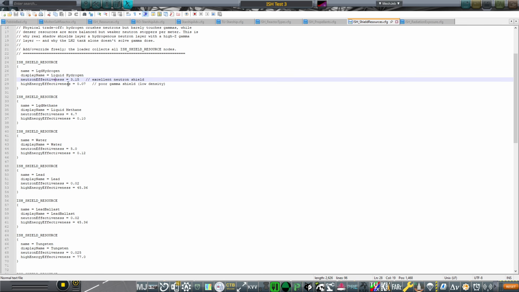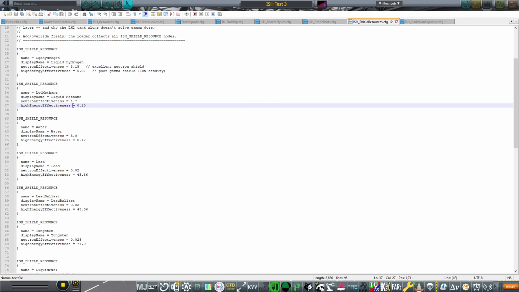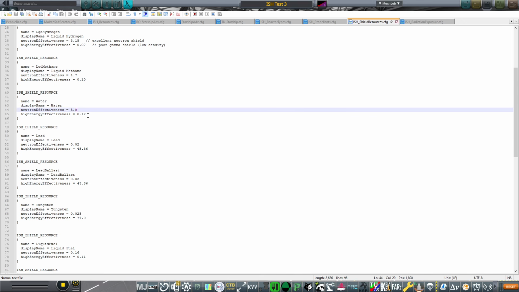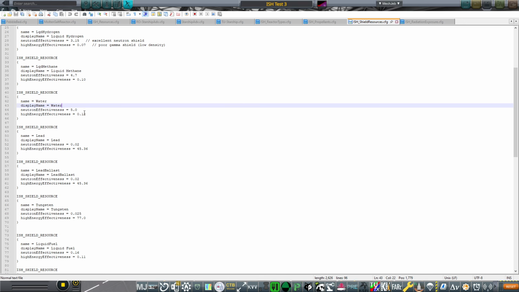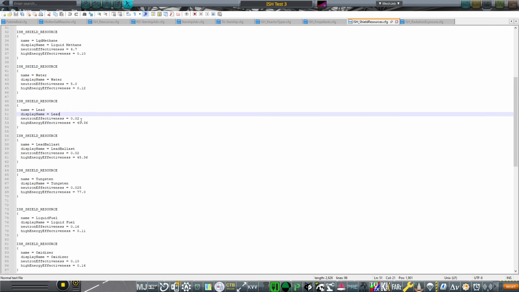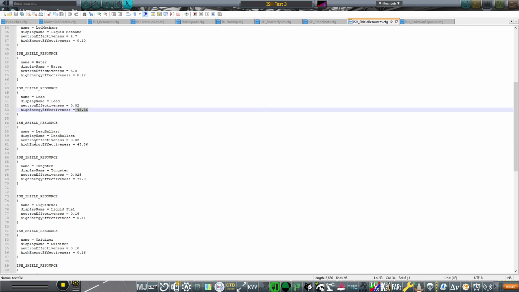So hydrogen has neutron isotopes, and so it can take a neutron. So we have the various effectiveness of things. You can end up with heavy water, but lead is really the best for the high energy effectiveness.